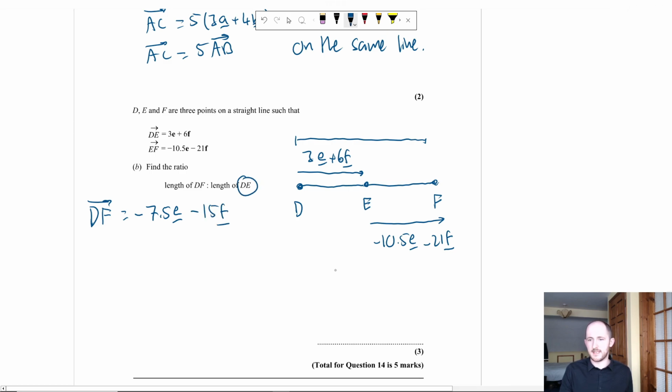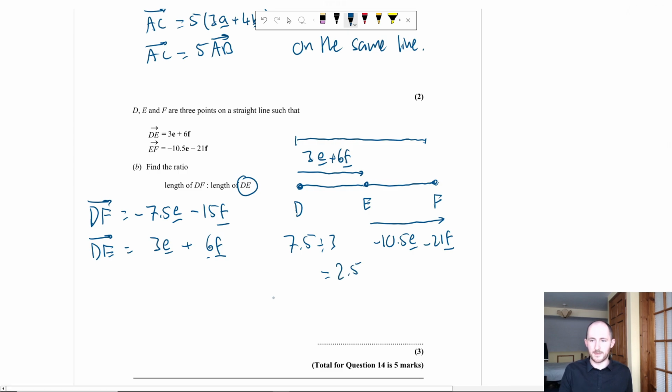And then we have the length DE already. So what we would do is, if I write the length DE down here, right, all I do is I work out how many times bigger DF is than DE. So the way I would do that is I would say, what's 7.5 divided by 3? Well, that's actually 2.5.